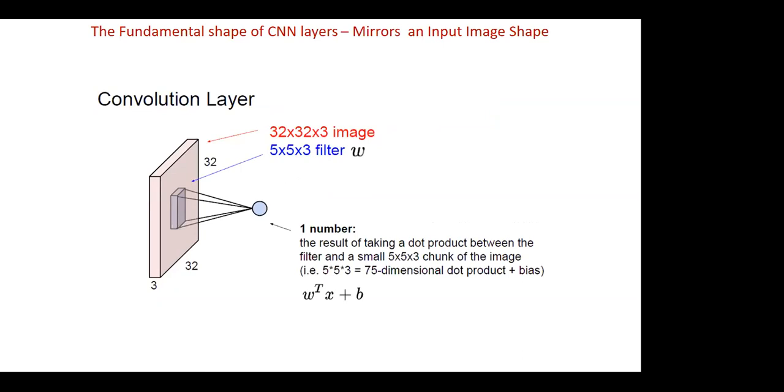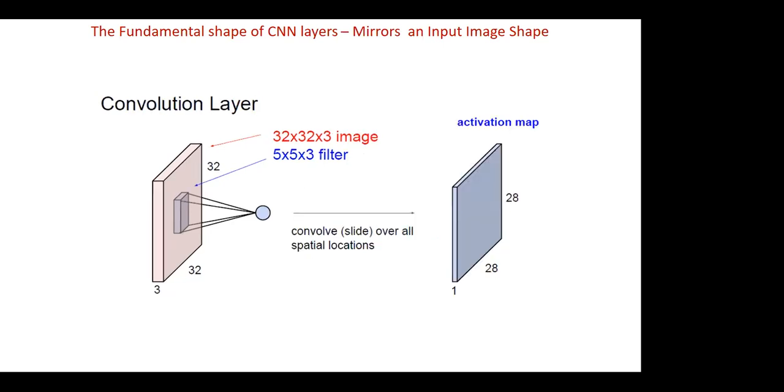Now let's try to understand the size of the output image which we get from such a convolution, based on the size of the input and the size of the filter. So when we convolve over, or slide over, all the spatial locations, we basically get a new layer, a new activation map, which will be of size 28 by 28 by 1.